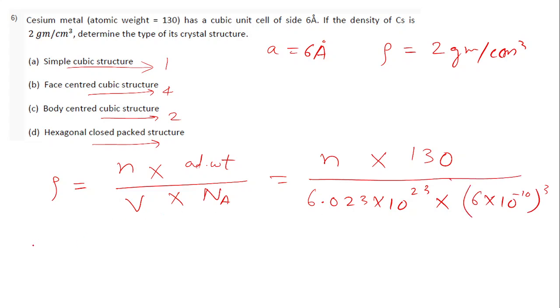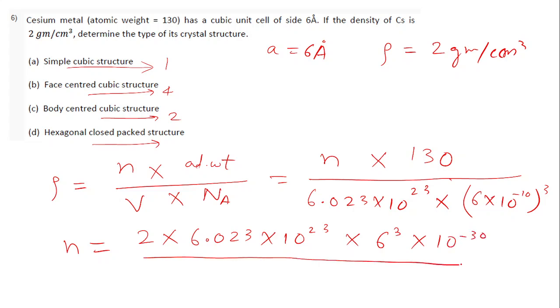Okay, density is given, which is 2. So when we'll do the maths, we'll get N is equal to density, which is 2, times this Avogadro number 10 to the power 23 multiplied by 6 cube and 10 to the power minus 30, divided by 130.